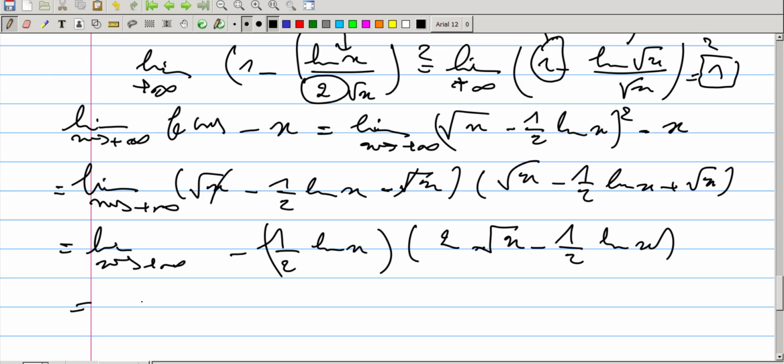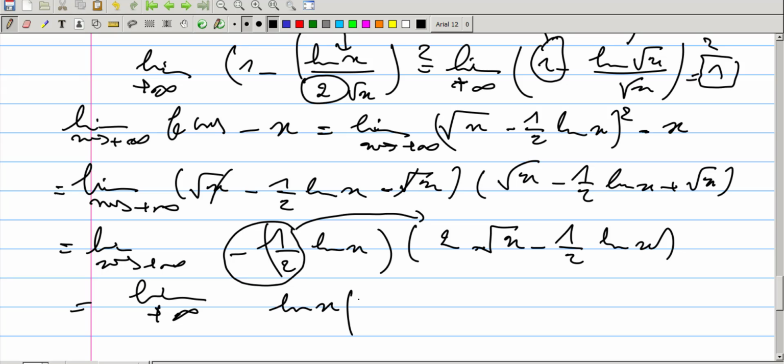So we will just multiply with this in here. Cool, we will have the limit at plus infinity and an x factor of minus, 2, no, 2 will get off.